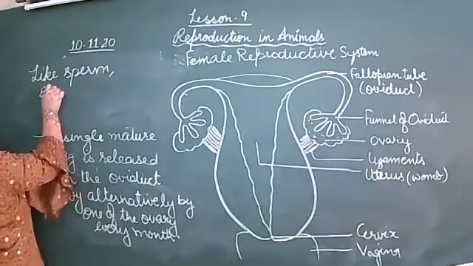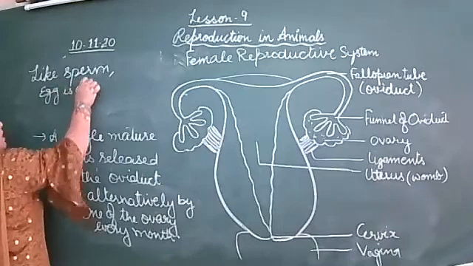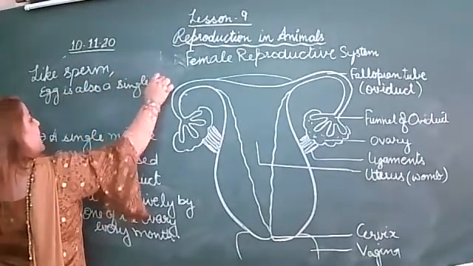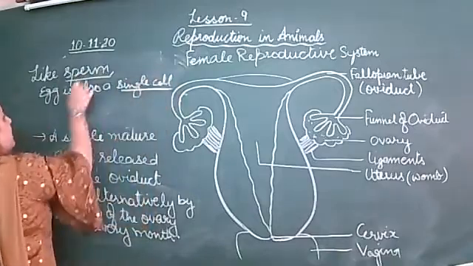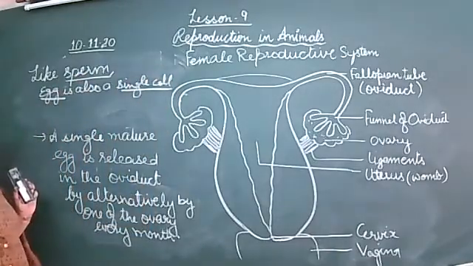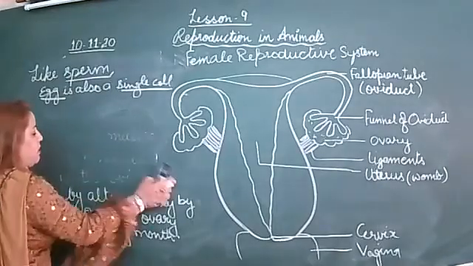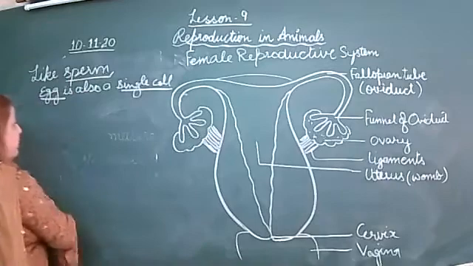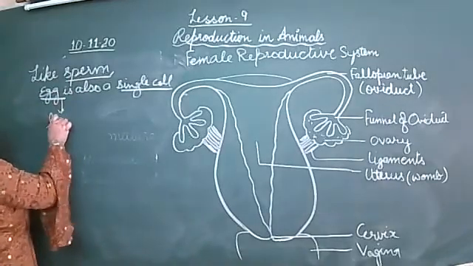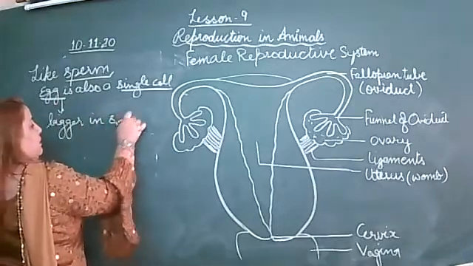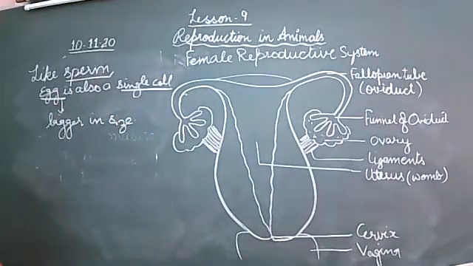Both sperm as well as eggs are single cells, but eggs are bigger in size.